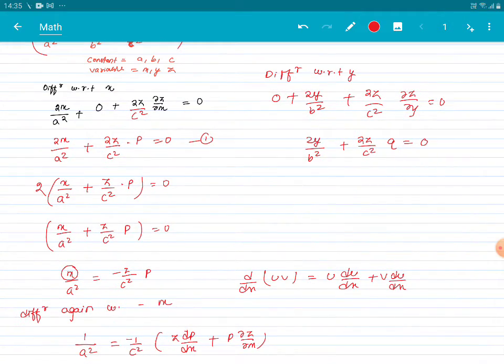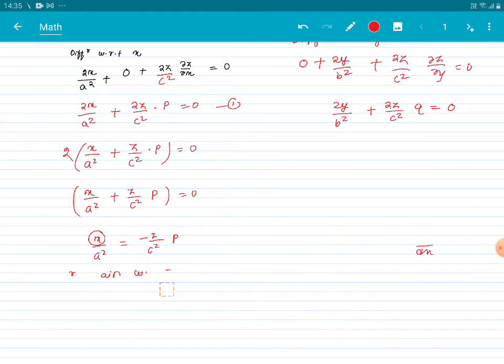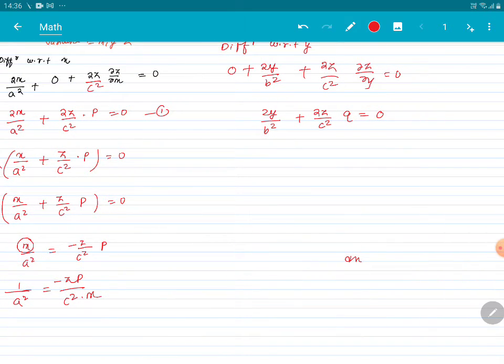Now next. What's the answer? I need only a, b, c square. Directly find a here. 1 by a square is equal to minus z p by c square into x. Similarly, what is b here? In this, 2y by b square minus 2z by c square q.